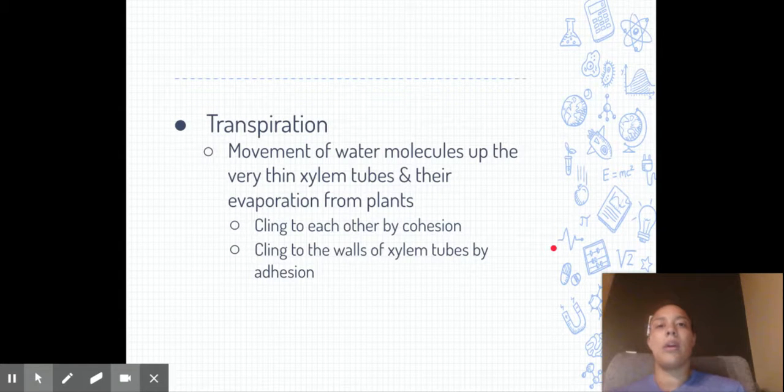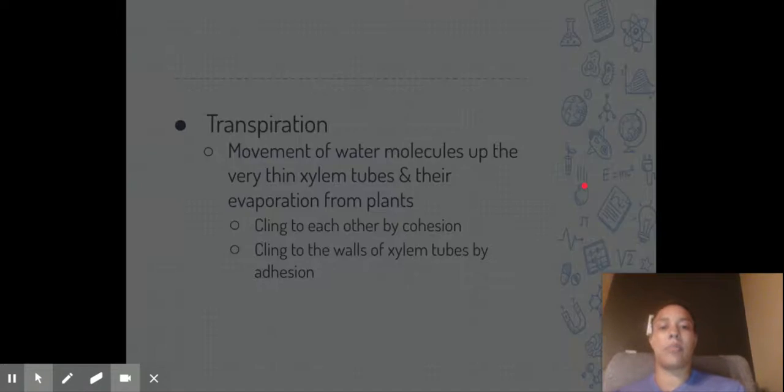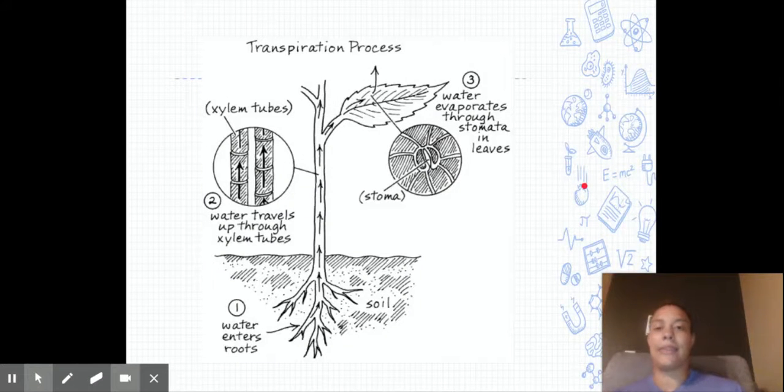entire system. So, water will cling to itself down at the base by the root system, and then it'll start clinging to the roots, adhesion, and start climbing and making its way up through the trunk of a tree and then all the way out through the branches and eventually to the leaves, and it'll evaporate, which looks like this for transpiration.